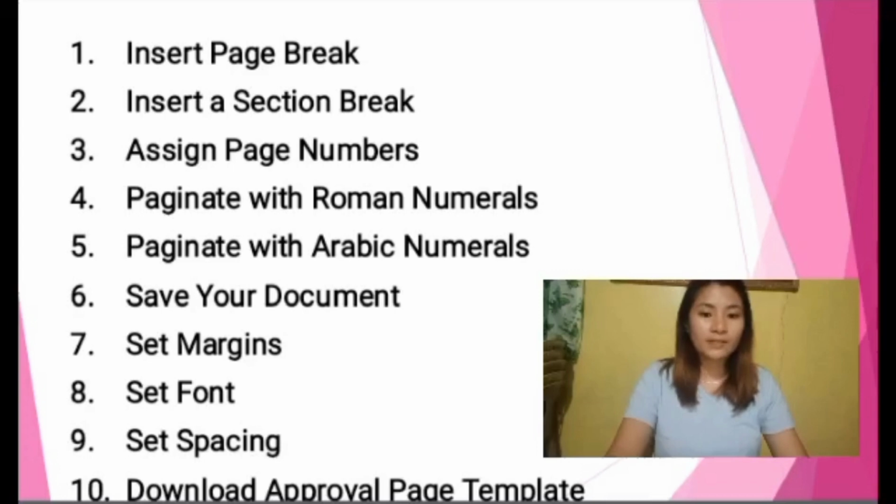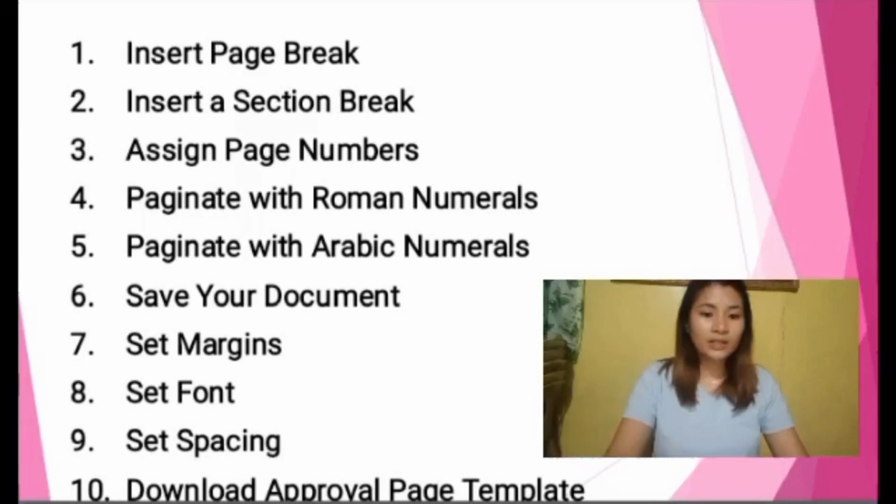The second step is insert the section break. Use the scroll bar or Control Page Up to navigate to page 6, the approximate halfway point in the document. Make sure the cursor is at the top of the page where you want the section break to be inserted.